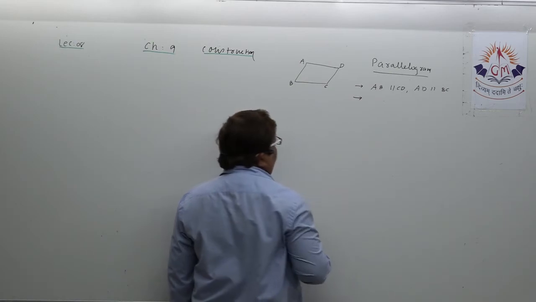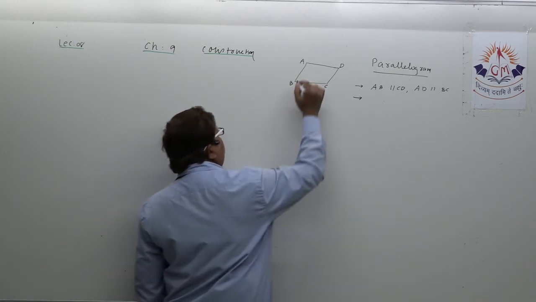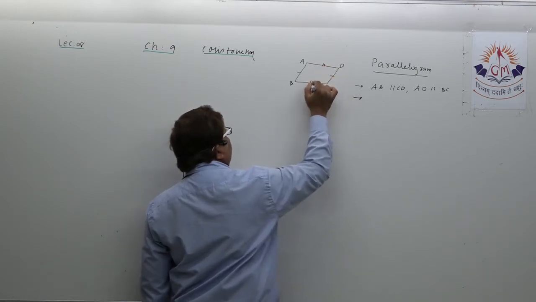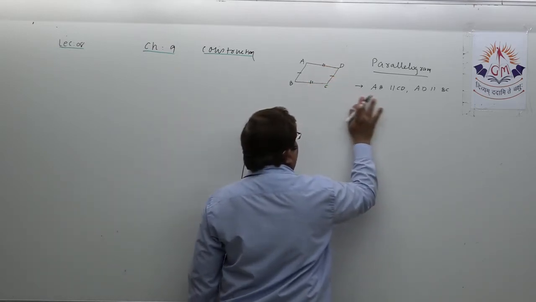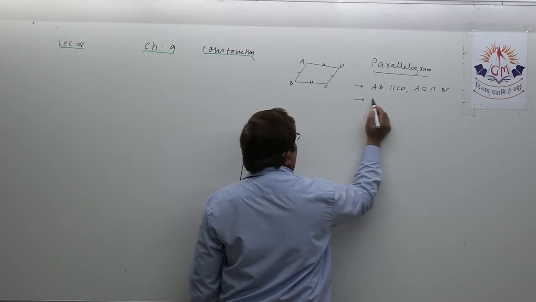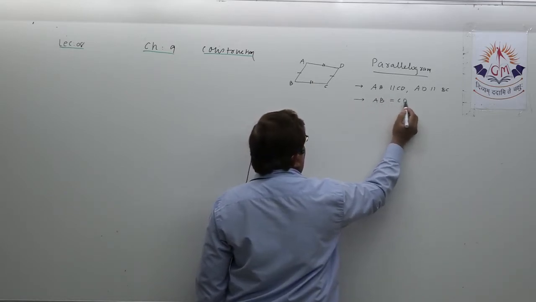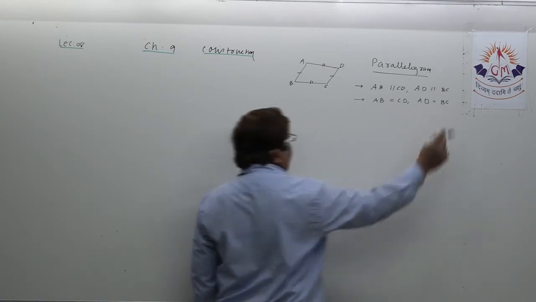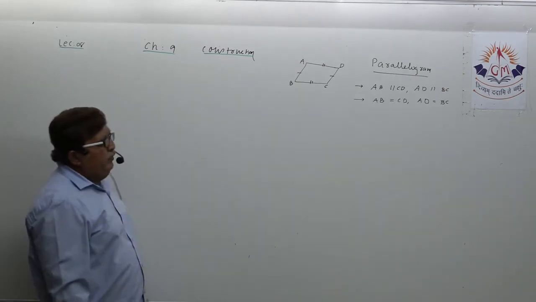The second property of parallelogram, you must be knowing, is that opposite sides are equal. That means AB equal to CD and AD equal to BC. This is the second property.